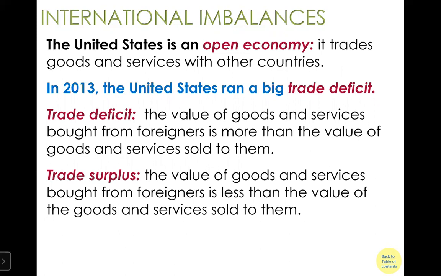Now, here is the issue. As the United States, we purchase more from the rest of the world than we sell to them. The question is, where does the money come from if we purchase more than we sell? The answer is that to finance this trade deficit, we borrow from foreigners, or in other words, foreigners save in the US.